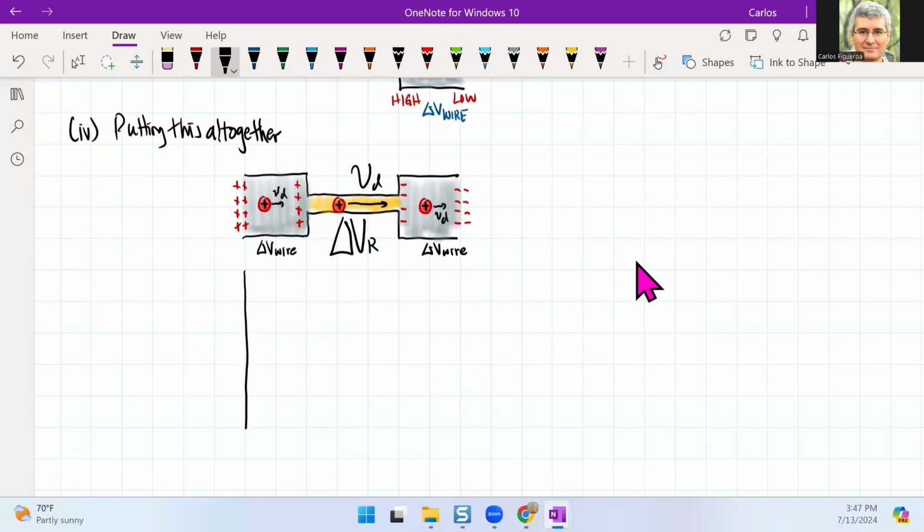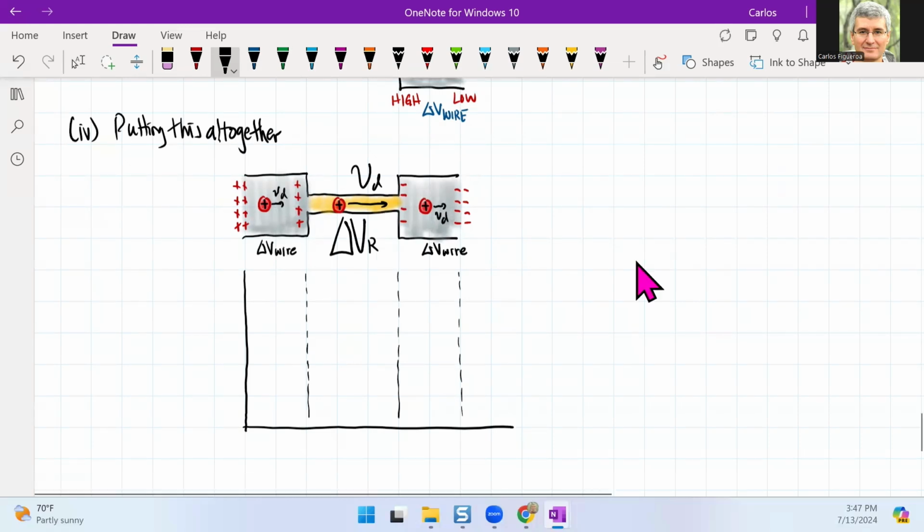Now, what do the voltages look like in the circuit? So if I plot these voltages, let's say that I'm only looking at these regions right here, because my drift velocity is smaller, my voltage has to be less steep. So I'm going to come in here and I'm going to say, this has to be less steep.